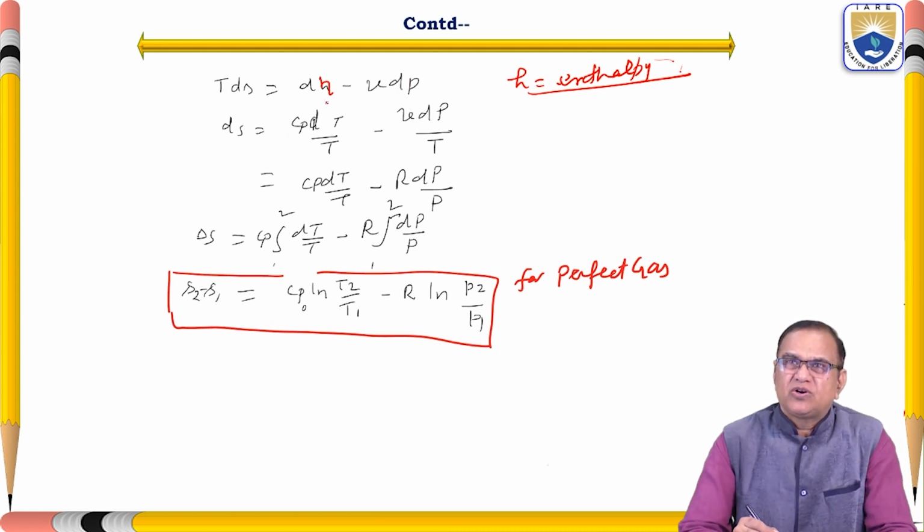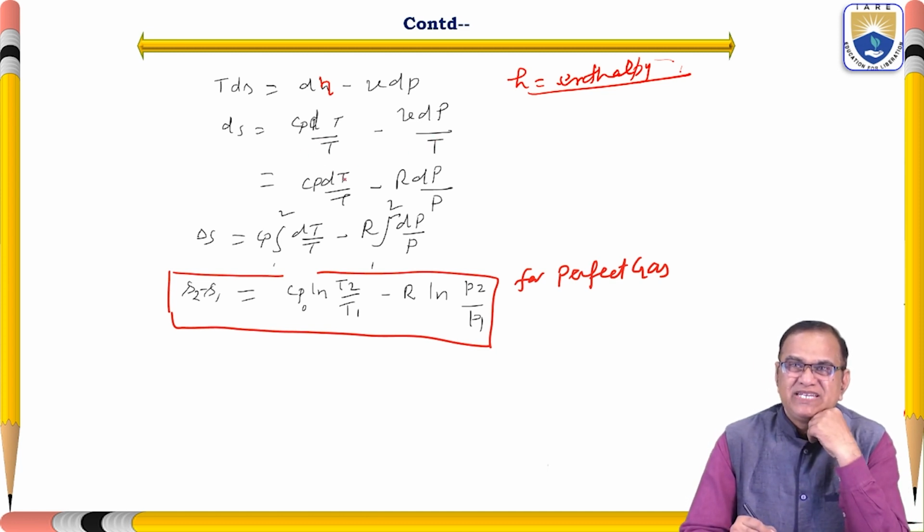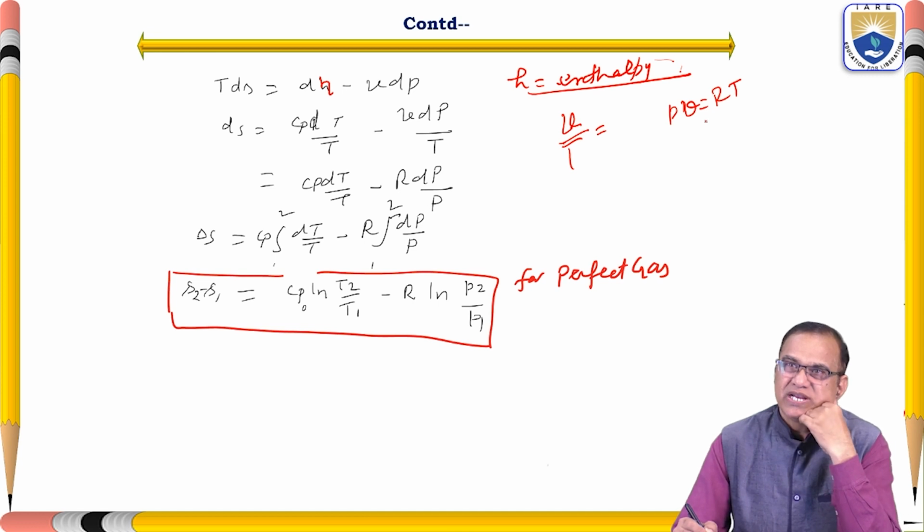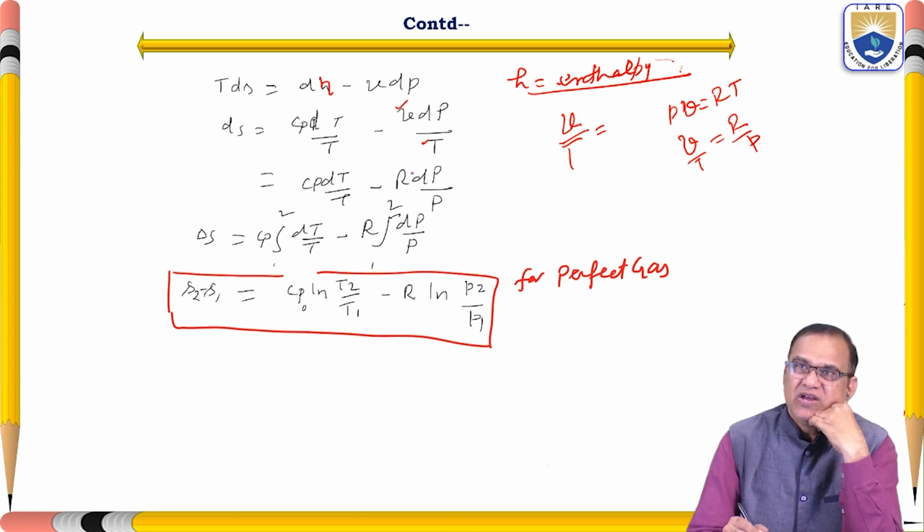So here dS is equal to Cp dT by T minus V dP by T. With PV is equal to RT, for V by T we can write R by P. So here we have Cp dT by T minus R dP by P.